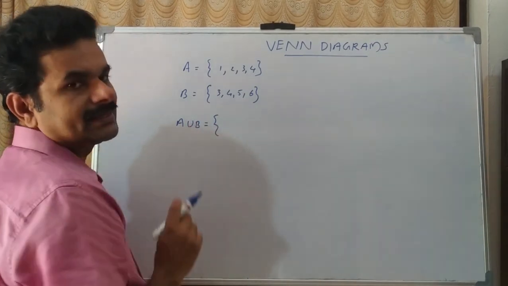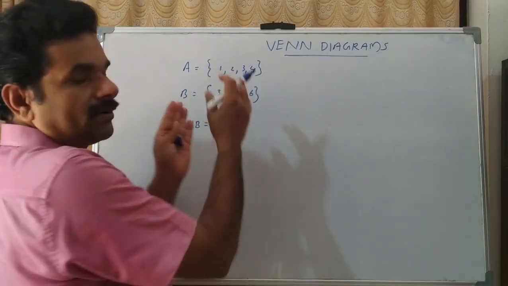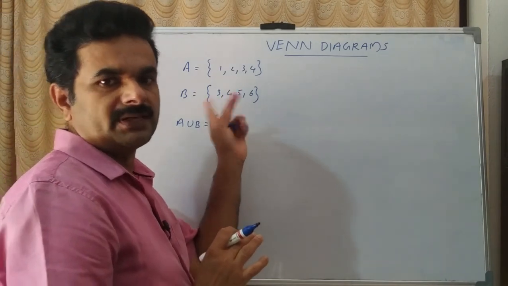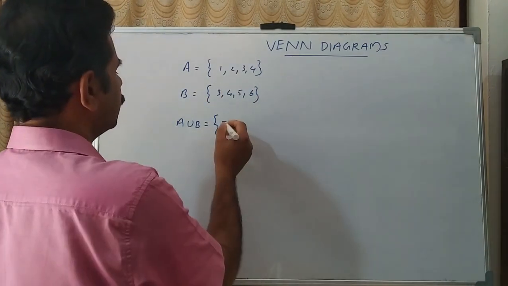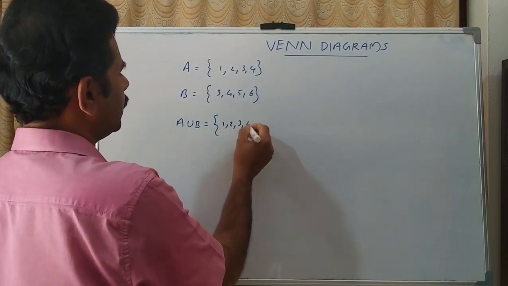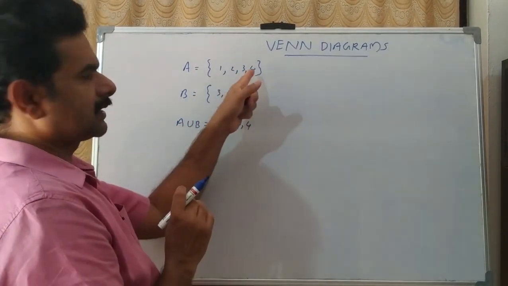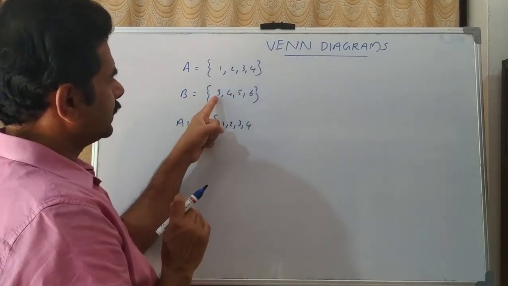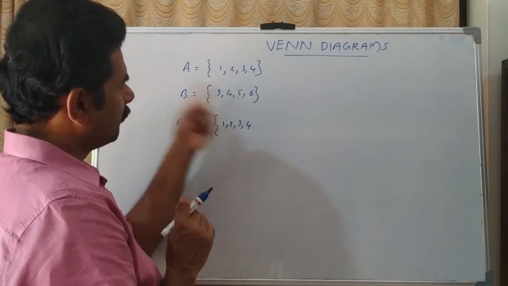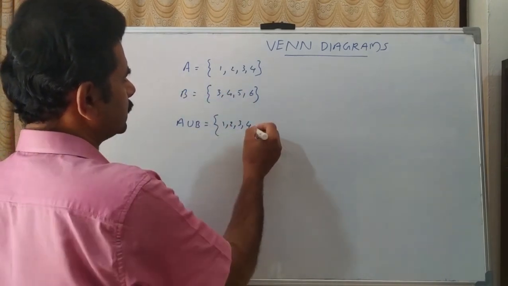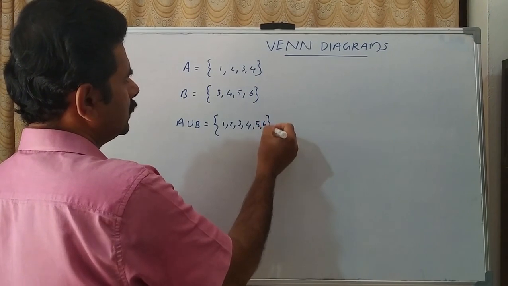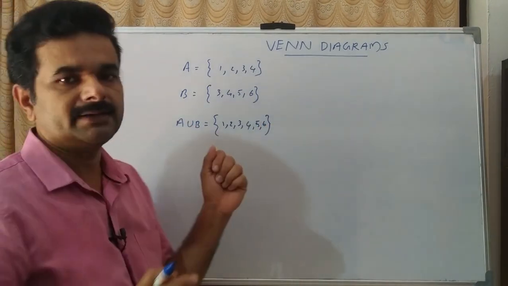A union B is the join of all elements of these two sets A and B. That is 1, 2, 3, 4. Then again in B, 3 and 4 are repeated, so they can be avoided. Then 5, 6. This is the union of both A and B.